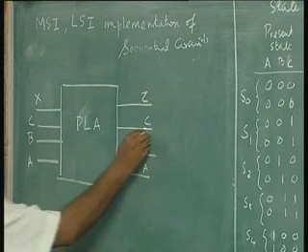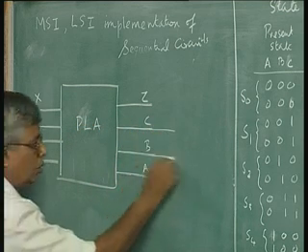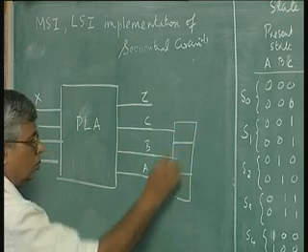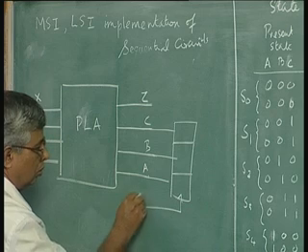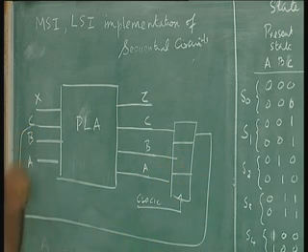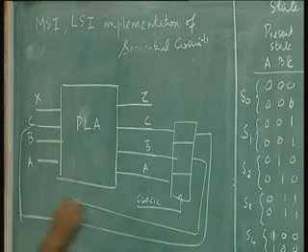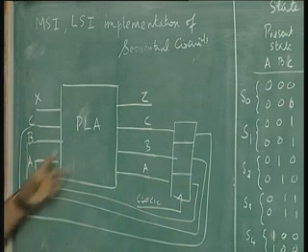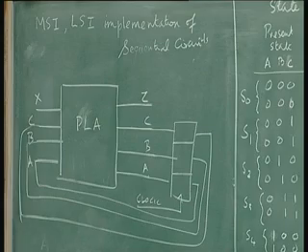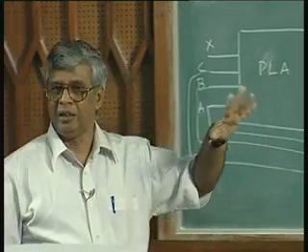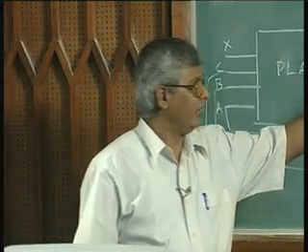The only thing you do not know is how many minimum product terms you can have reasonably. So determine the PLA programming table, that means you go for minimization of each of these variables.